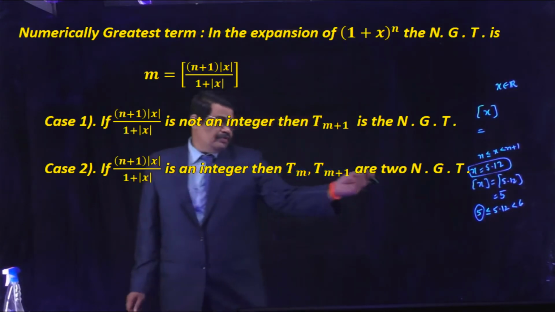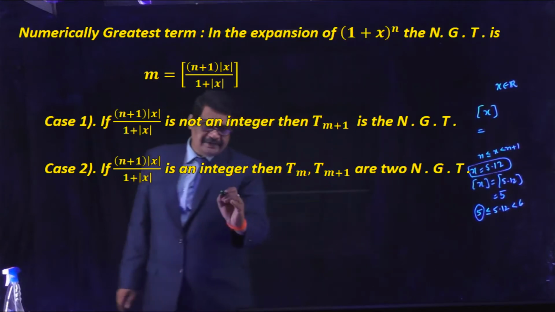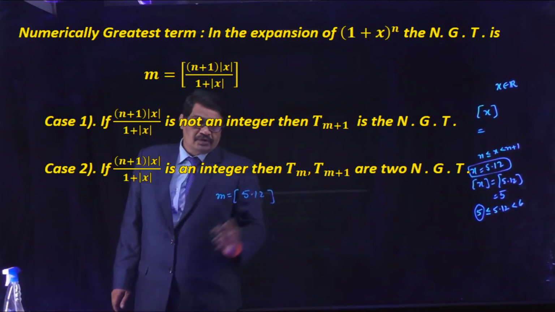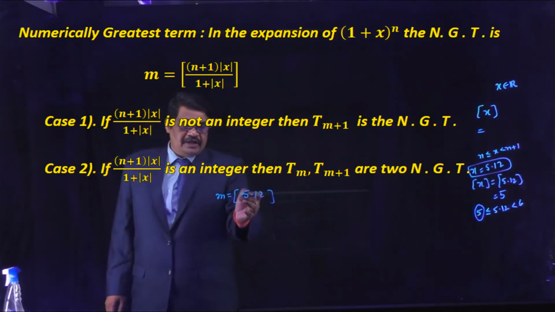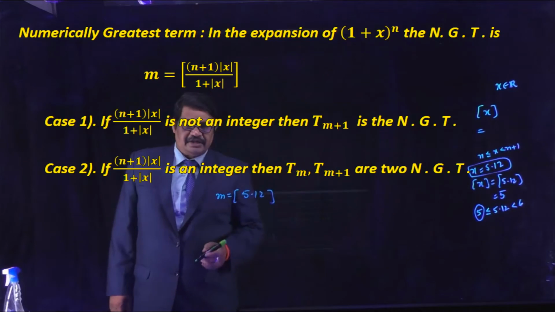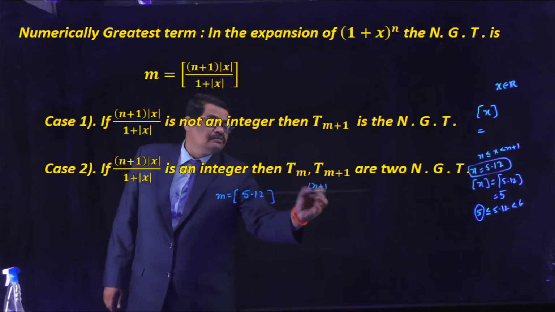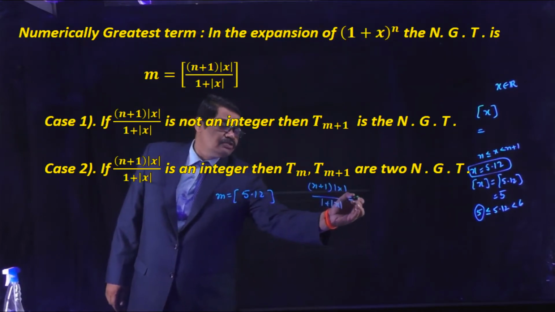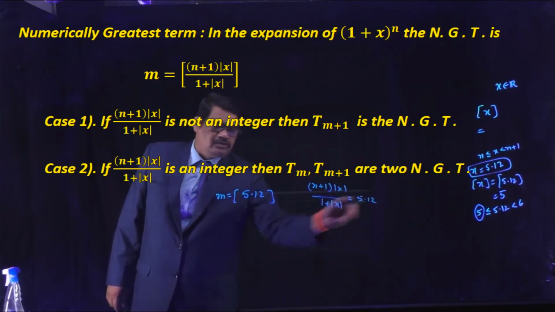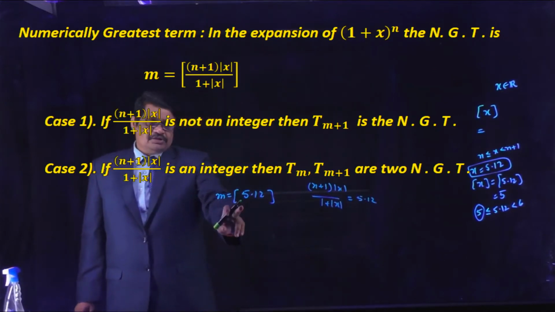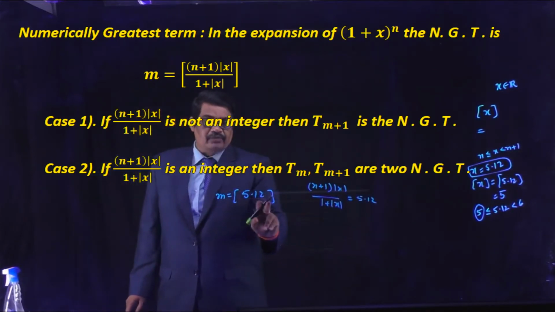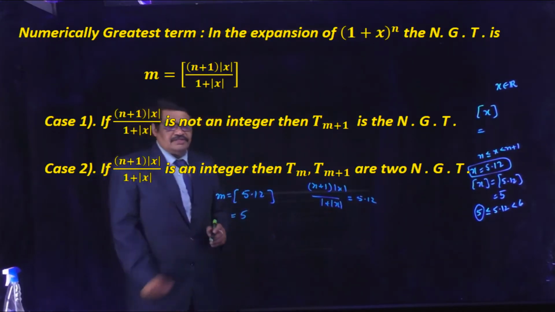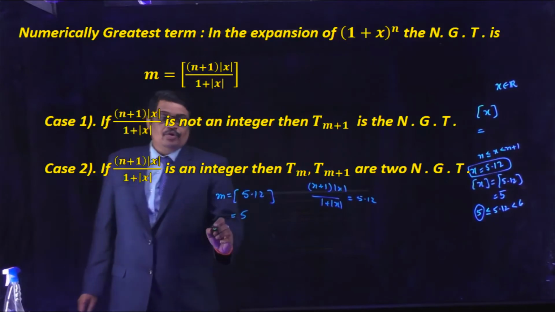Suppose m is the step of 5.12. Here this value is not an integer. That is, (n+1)|x|/(1+|x|) is 5.12, and m is step of 5.12, which is 5. Then what is the numerically greatest term?